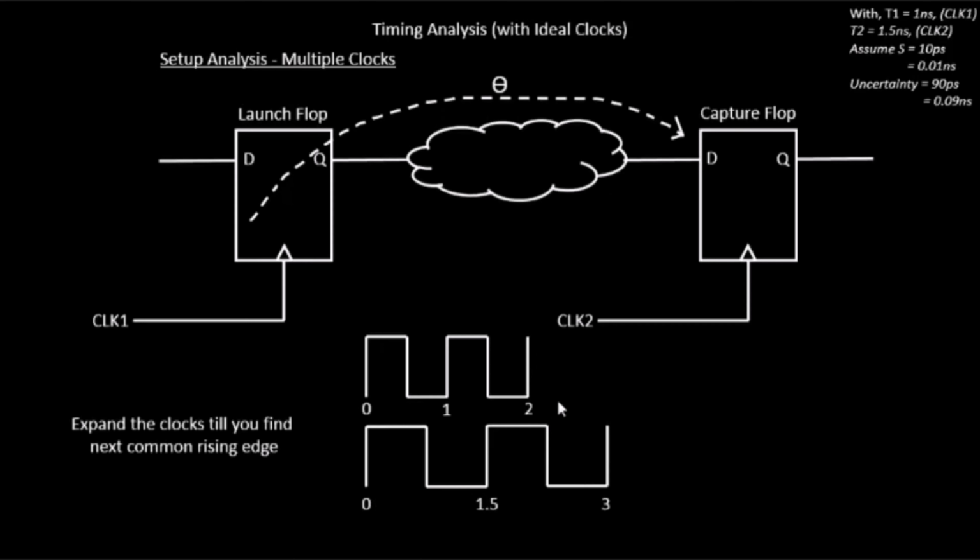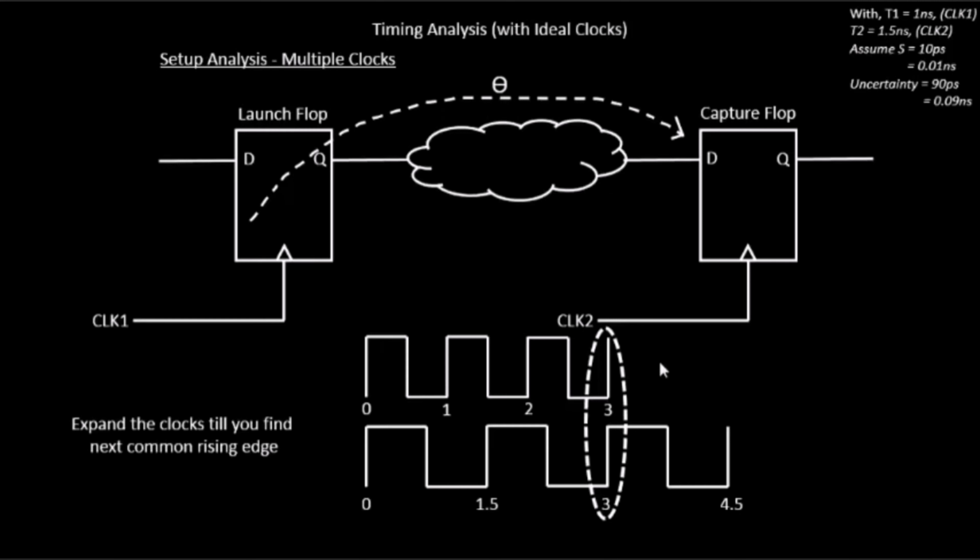Still we don't have any common rising edge. Let's expand even more. We expand this one to 2 to 3, and this 3 to 4.5. But at this point, 3 nanoseconds, you have found the next common rising edge.